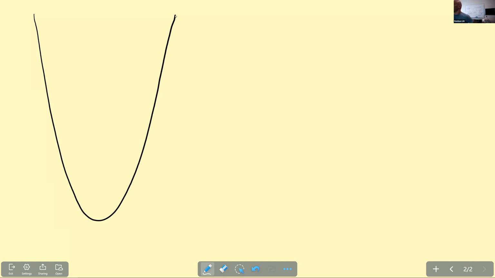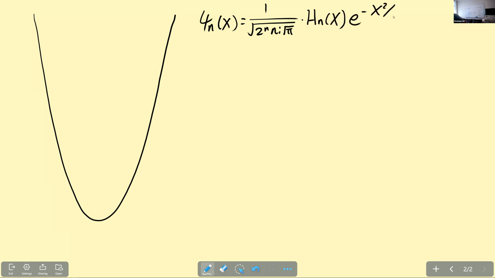Remember the state: this one gives you the decay as x goes to infinity. So that's the bound state. And this one gives you oscillations.